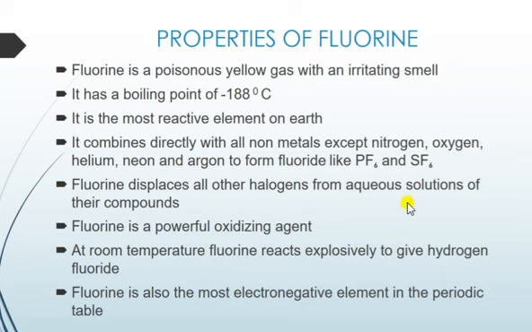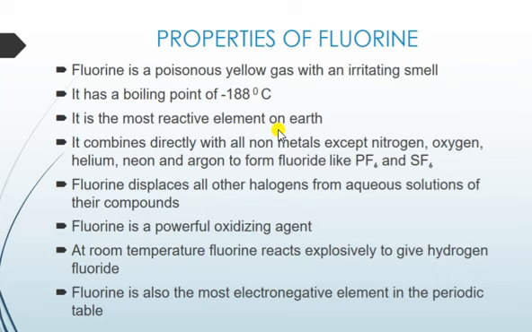Now, properties of fluorine. Fluorine is a poisonous yellow gas with an irritating smell. Fluorine has a boiling point of -188 degrees Celsius. Fluorine is the most reactive element on Earth.